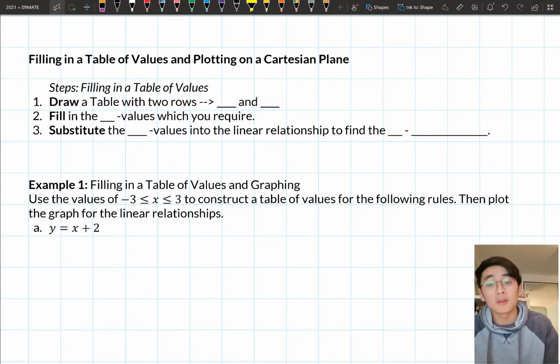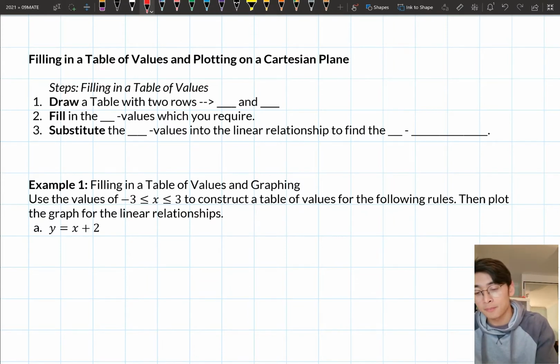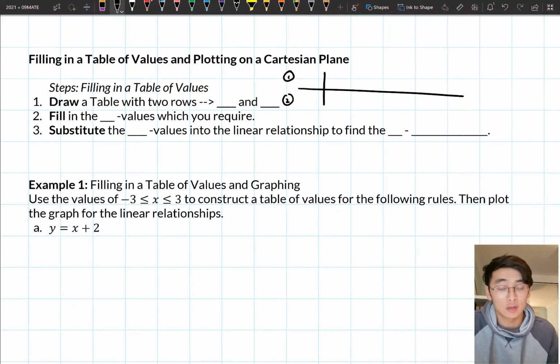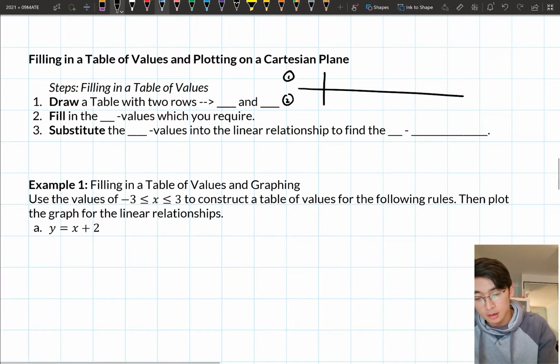And here are the steps that you're going to follow when you are doing that. Step 1. Draw a table with 2 rows. So row 1 and row 2. And these 2 rows, we're going to label with x and y. So in my top row, I'm going to have x and y.